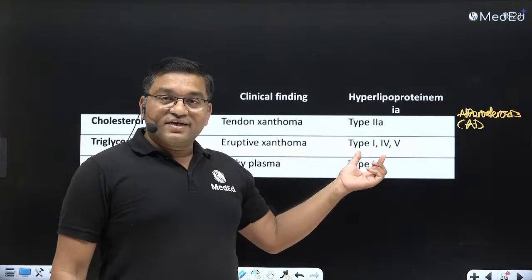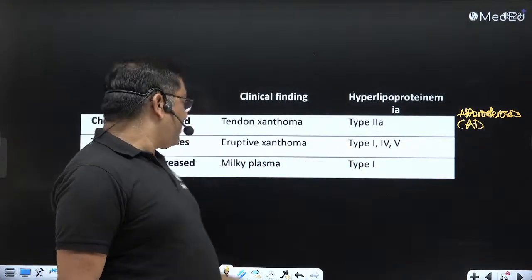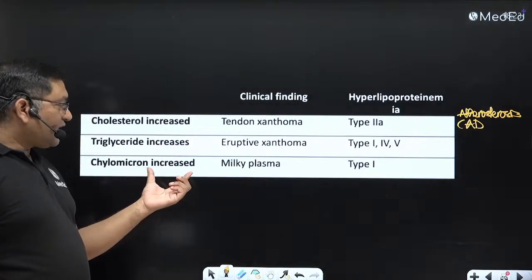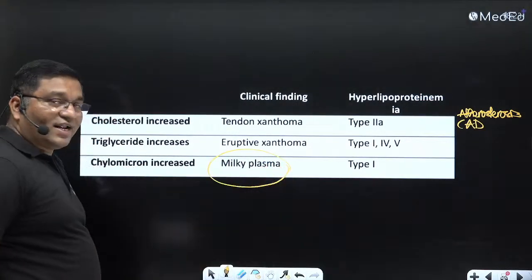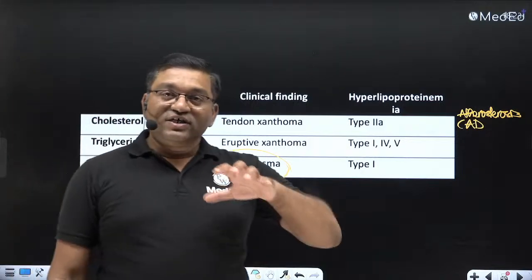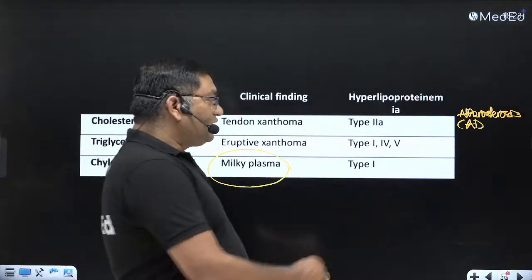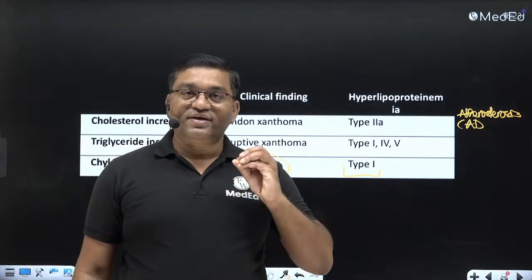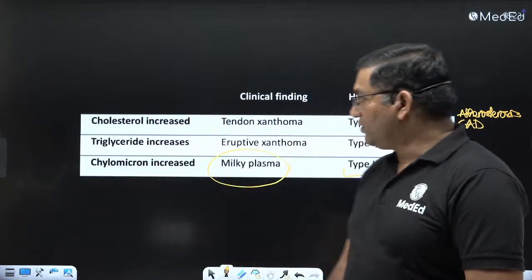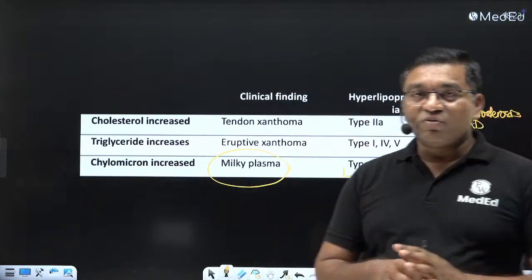TG levels are raised in type 1, type 4 and type 5. When there is increase in the chylomicron, it gives a milky appearance to the plasma, lipemic or whitish plasma. This is found in type 1, that is familial hyperchylomicronemia.